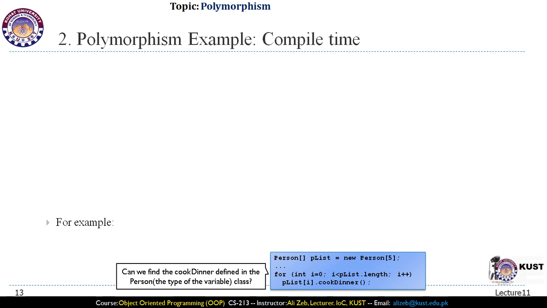So if we look at our example, what we did was we declared an array and we stored all of the subclass objects into that array that was of type person.